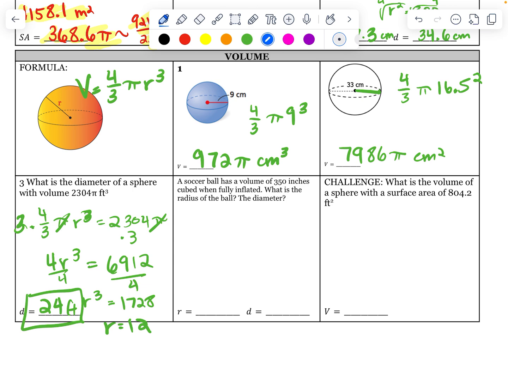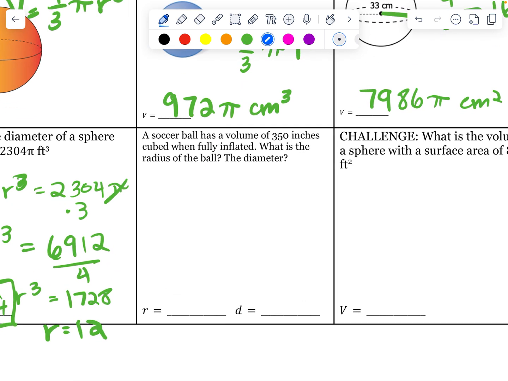All right, a soccer ball has a volume of that inches when it is fully inflated. What is the radius? What's the diameter? Oh, this one's going to be fun. 4/3 pi r cubed equals 350. All right, so we're actually going to have to divide by pi itself because there isn't a pi in there, right? So divide by pi gives me 4r cubed over 3 equals 350 divided by pi, which is about 111.4.